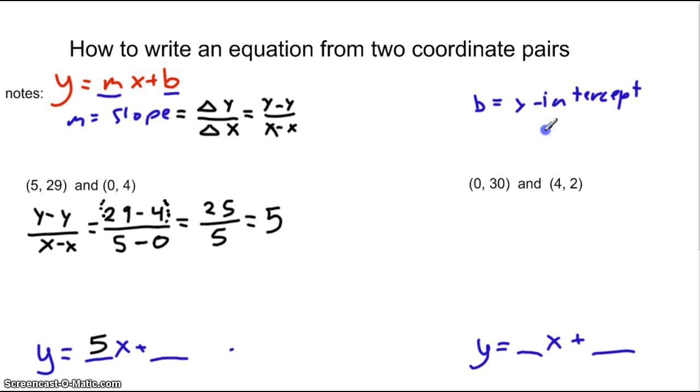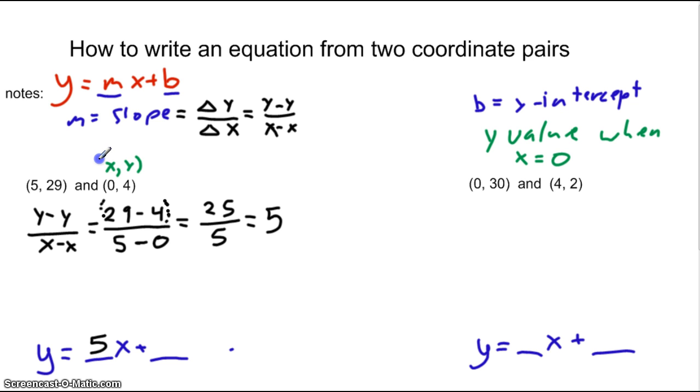Now the y-intercept. Anytime you need to stop, please do so you can write these notes down. The y-intercept is the y value when x equals 0. Now these examples are really nice because x is already equaling 0.